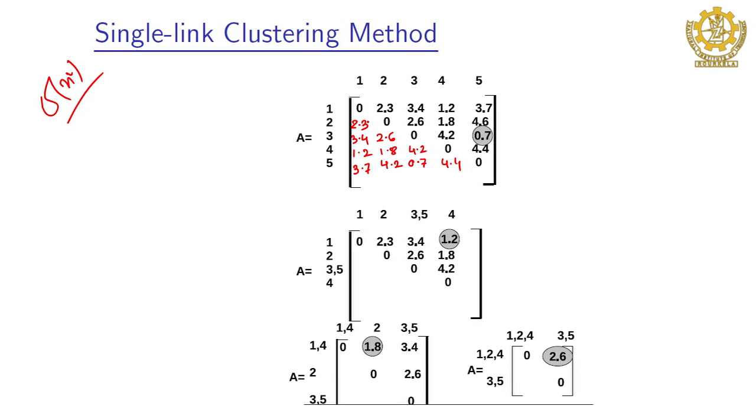While computing the distance from one point to all other points, we must have computed the distances. 1 to 1 is 0, 1 to 2 is 2.3, 1 to 3 is 3.4, 1 to 4 is 1.2, 1 to 5 is 3.7. While computing the distance from 1 to the other points, we write it here. Along with that, we find which point is closest to 1.